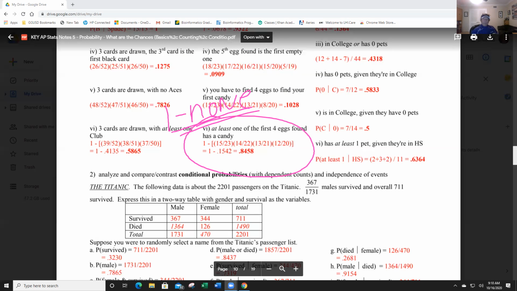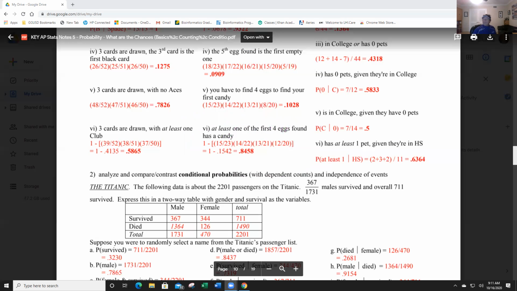What are the chances I don't get any candies? Okay, so there's 8 candies, so there's 15 non-candies, then 14, then 13, then 12. Multiply all that together and I get about 15%. Then I go 1 minus that, and that gives me the chances of getting at least one of the first 4 eggs as a candy. Okay? All right, at least one of the first 4.